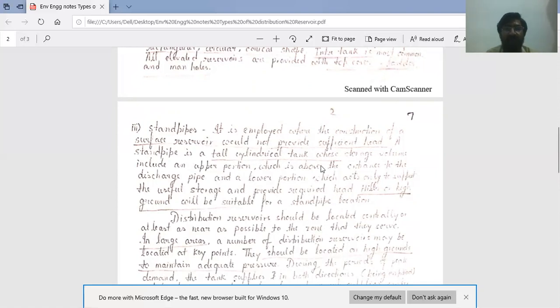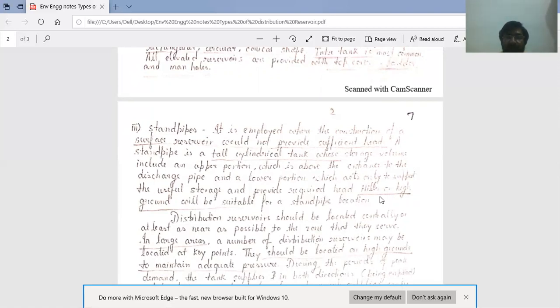A standpipe is a tall cylindrical tank whose storage volume includes an upper portion, which is above the entrance to the discharge pipe and is the usable part, generally used for distribution, and a lower portion which acts only to support the useful storage and provide the required head.